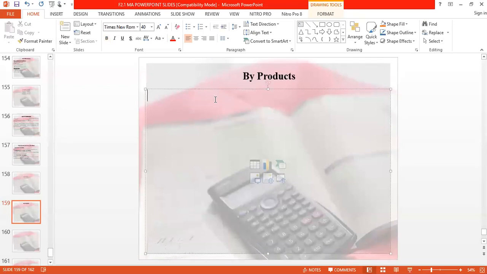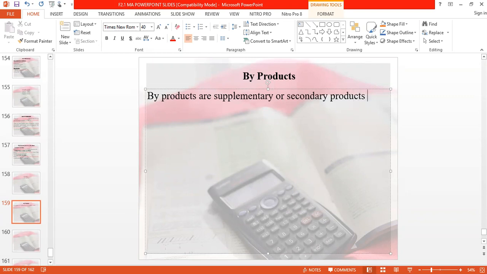So what did we say? Byproducts are supplementary or secondary products whose value is small compared to that of the main product.